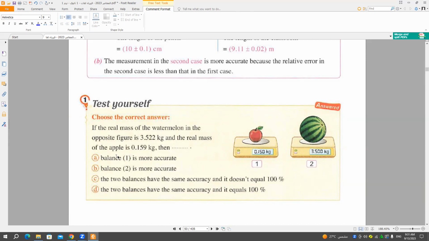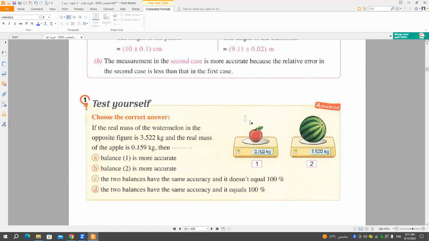Open your calculator and try to solve with me. We will get the relative error of each case, for the apple and for the watermelon.